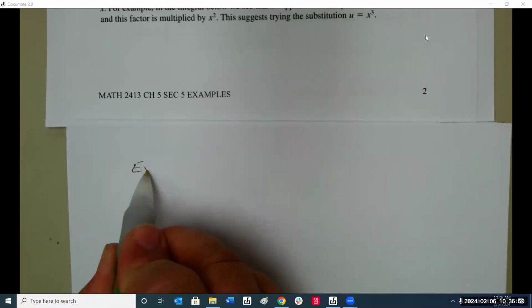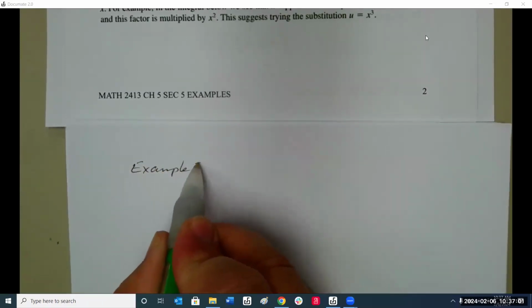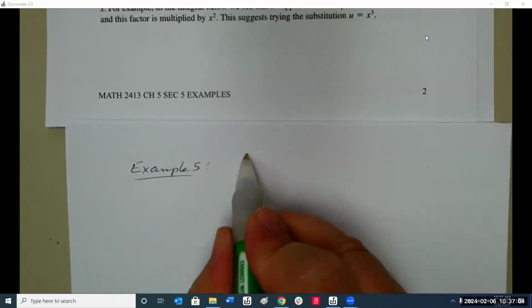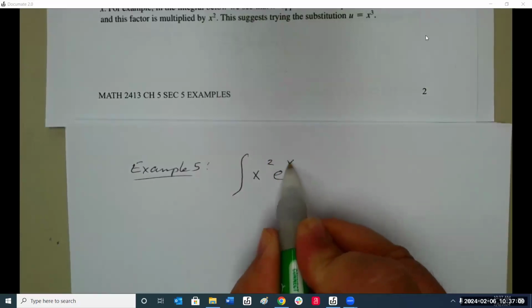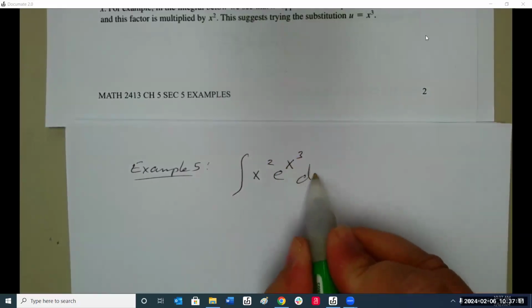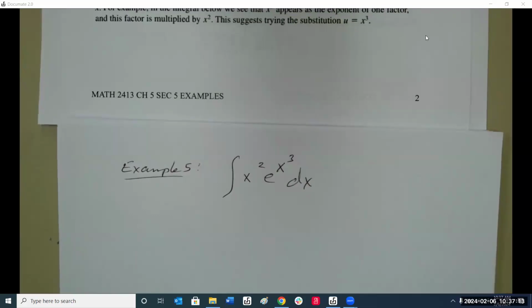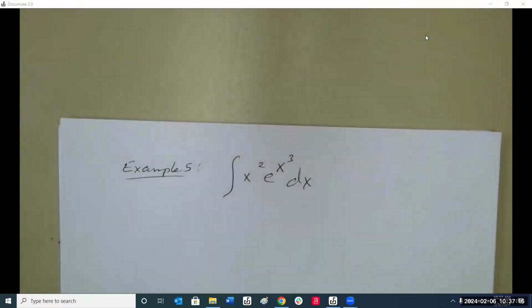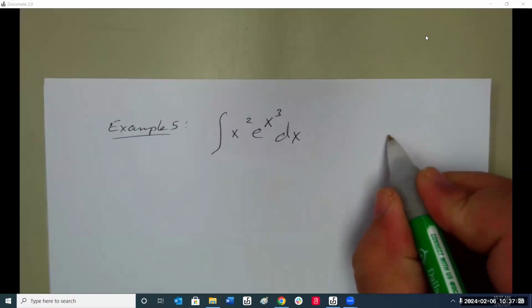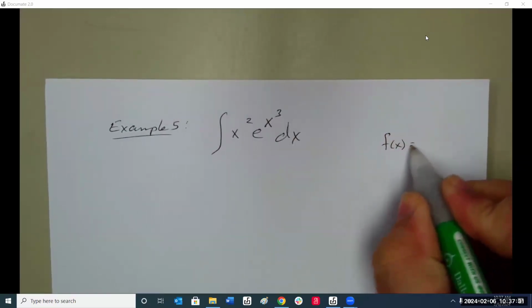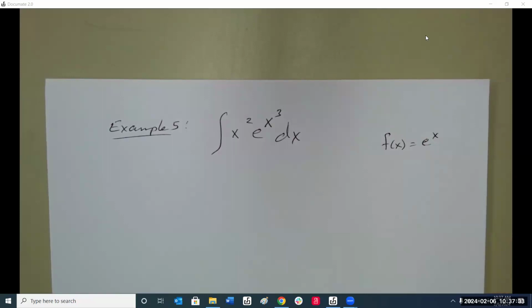So here's example 5. Integral of x squared e to the x cubed dx. So do we have our f function? That would be e to the x.